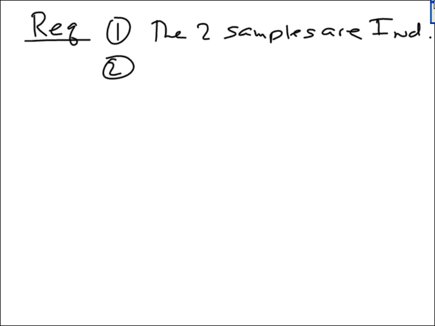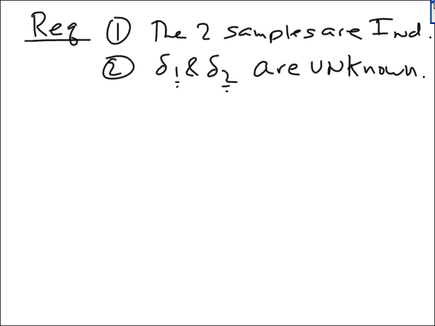Requirement number 2 is that sigma 1 and sigma 2 are unknown. Now, what is this subscript 1 and subscript 2? Well, we have 2 samples, and like always, if you have a sample, you can find the standard deviation.